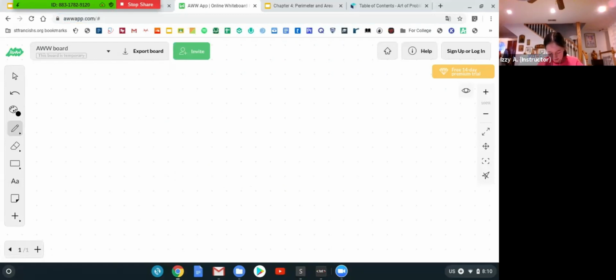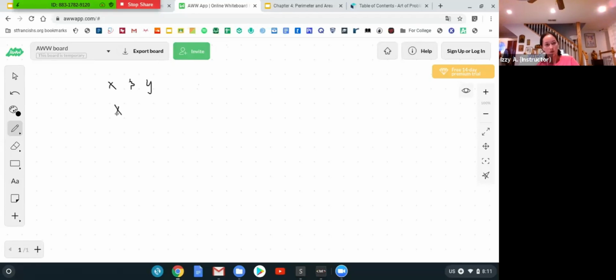So let's see. The length of one side of a rectangle is 4 less than 3 times an adjacent side. Let's say that the 2 sides of the rectangle are x and y.